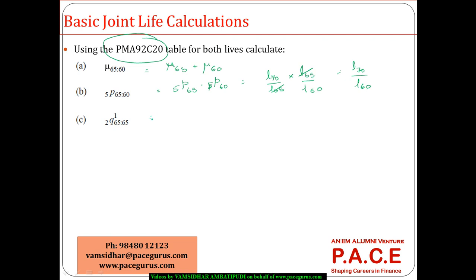Similarly, when I want to go with 2Q65:65, it is basically that one of the lives is going to die between 65 and 65.